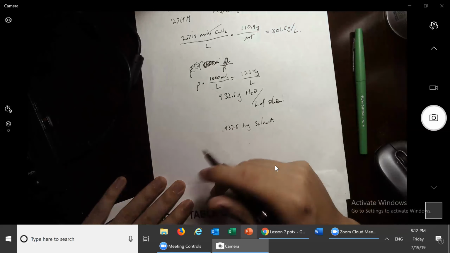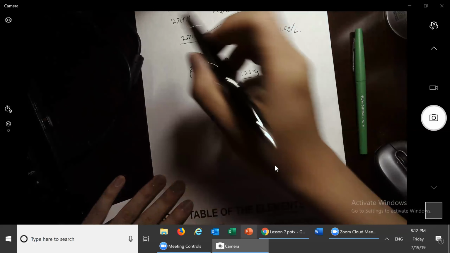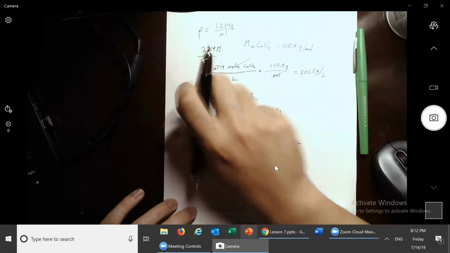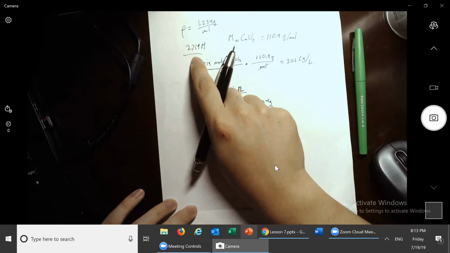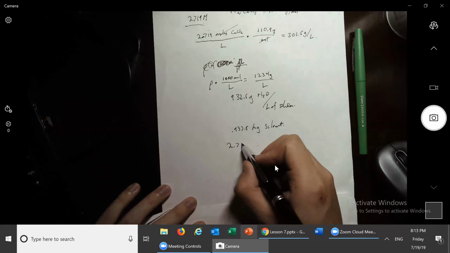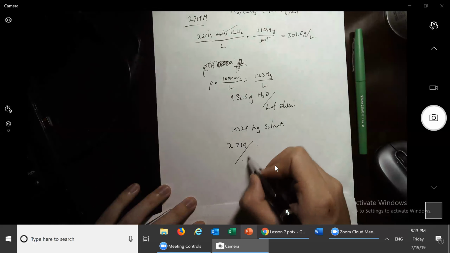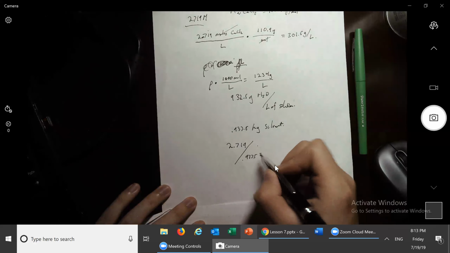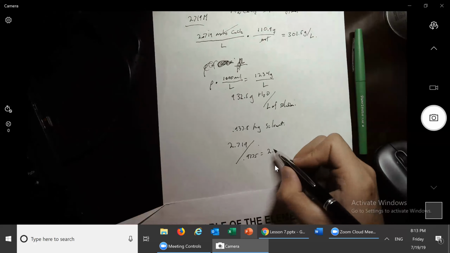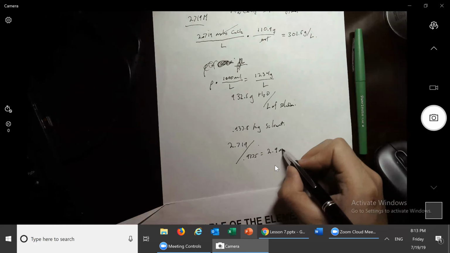Now we need the number of moles, and it turns out that we already have that number. It is given to us. So we already know we have 2.719 moles. Therefore, the molality is 2.719 divided by 0.9325 equals 2.9.